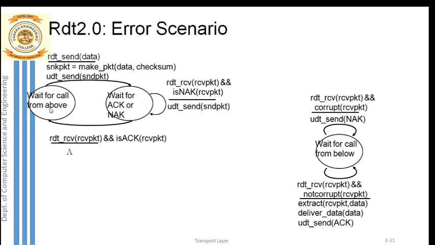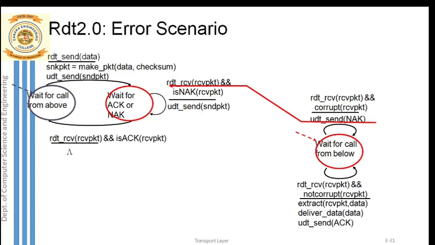Suppose again we wait for the next message to arrive, and the next message that arrives is corrupted data. You can see a red arrow moving from sender to receiver, saying that the data that has arrived is corrupted. If the data is corrupted, the receiver will immediately prepare a negative acknowledgement and send it, and the sender receives that negative acknowledgement.